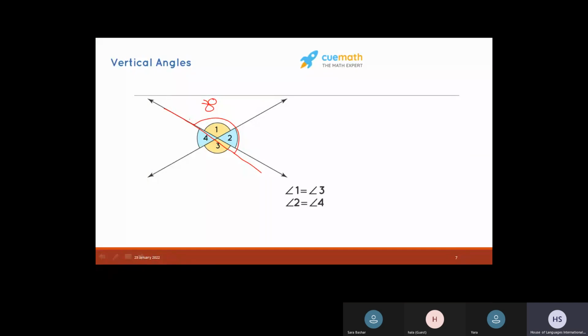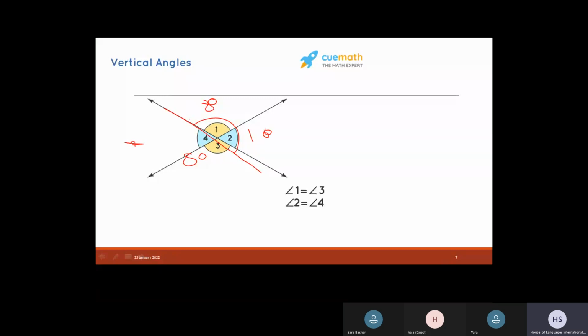So if this is 80, as an example, you can find 2, 3, and 4. If this is 80, the opposite one will be 80. Here we have a linear pair with two opposite rays and an adjacent line. So if this is 80, this will be 100, because their summation must be 180.